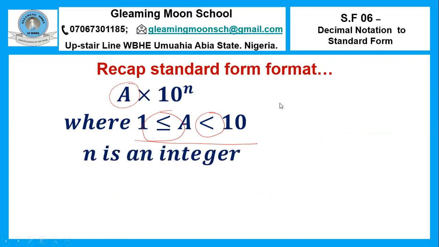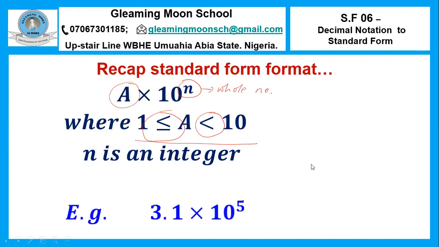And then it is multiplied by 10, and this n here must be an integer, which we said is a whole number, okay? So an example would be 3.1 times 10 raised to the power of 5.